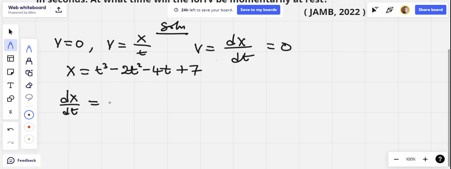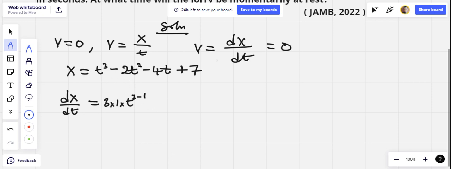Coefficient of t is 1. So that will be 3 times 1 times t raised to power 3 minus 1. And we have done extensively on derivatives, so there's a link in the description that will take you to the video that treats derivatives. So we don't waste our time here.